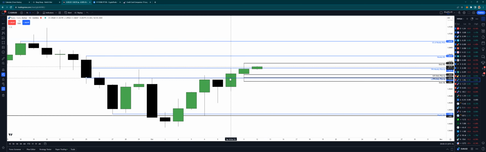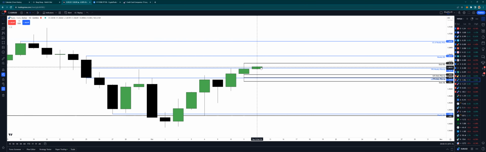But as you can see, we blew right through that 62% weekly PD array. We ran through the 79% today, but we did close below it. Price is now opening up bullish.